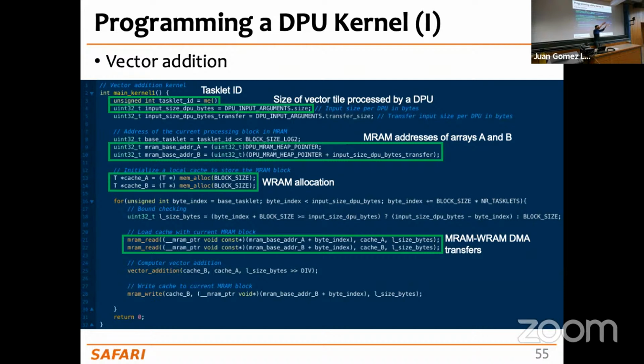This one goes to tasklet 0, the next one goes to tasklet 1, the next one goes to tasklet 2, and so on. Because the number of tasklets that I have is limited, typically 12, 16, something like that, the size of the array might be much larger than block size times number of tasklets. So that's why we need this for loop here.